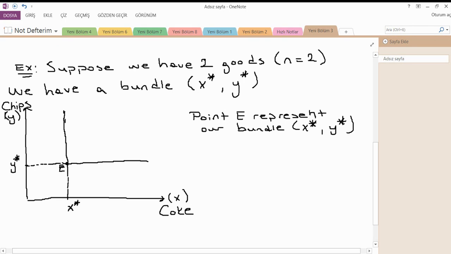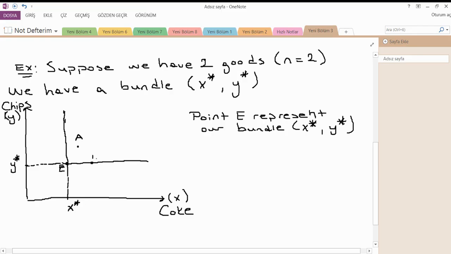Let's choose another point in one of these quadrants. For example, let's choose a point here. Let's call this point A. Let's choose another point here somewhere.